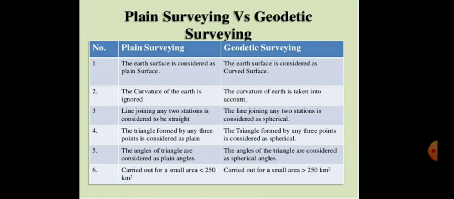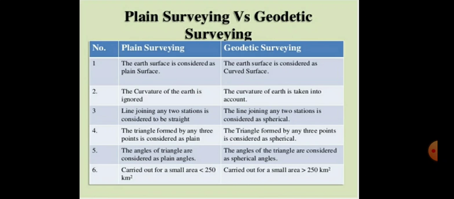The triangle formed by any 2 points is considered as plane, and the triangle formed by any 3 points is considered as spherical. So in the first one the triangle will be a plane triangle, and in the second one a spherical triangle. Triangle means a small area. When the area is large, the whole area is divided into small areas, that is, triangles. You can also say a triangle is a small portion of the larger area.